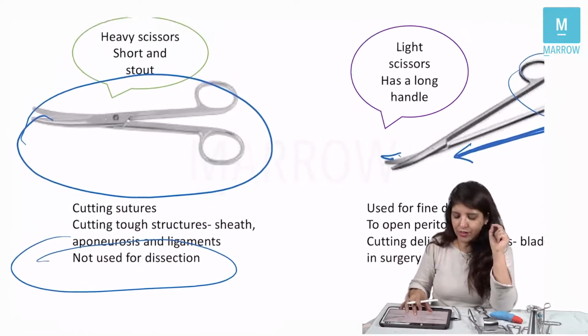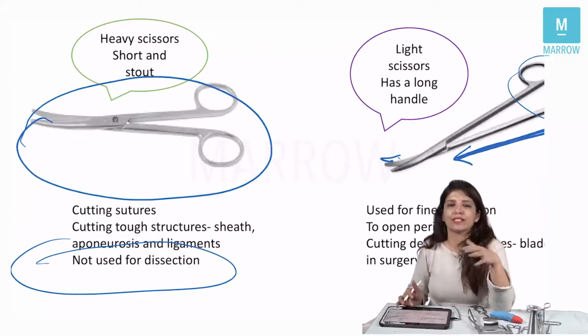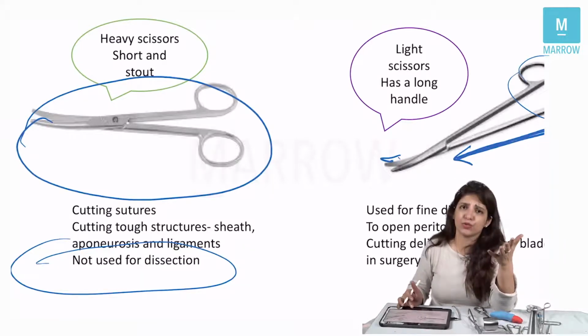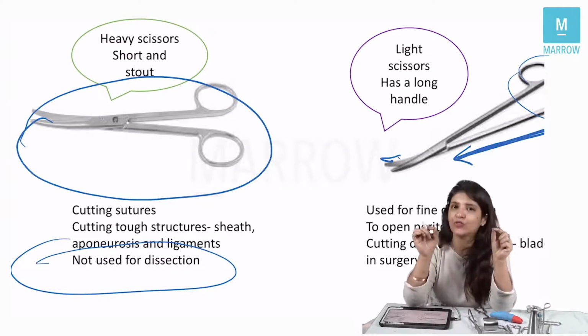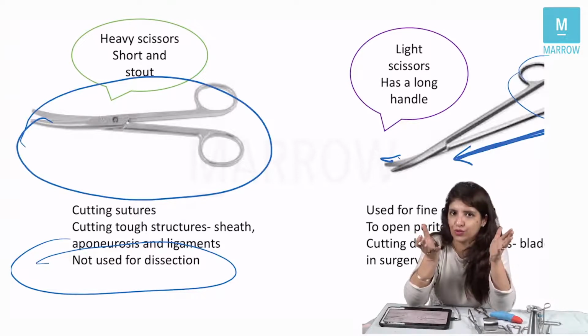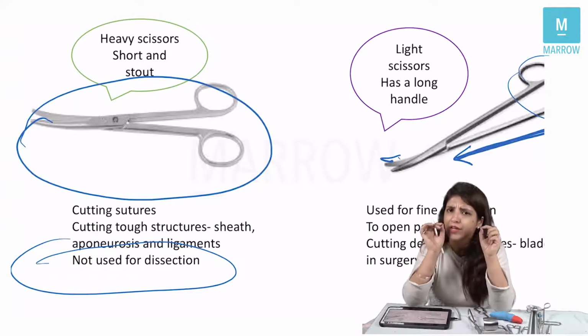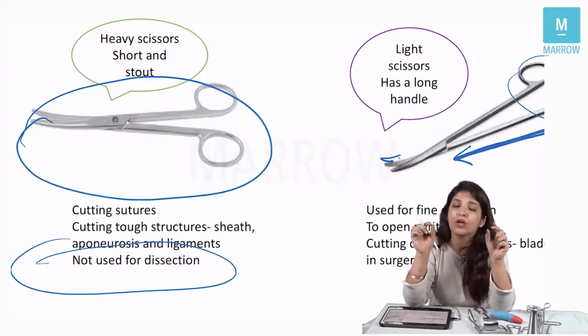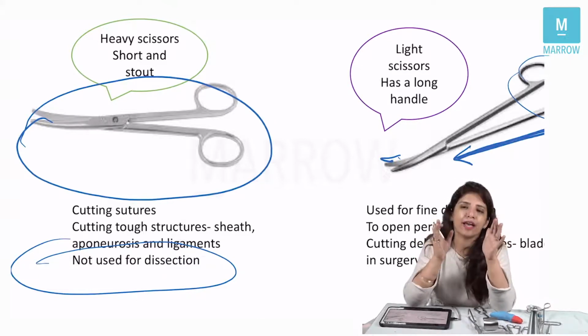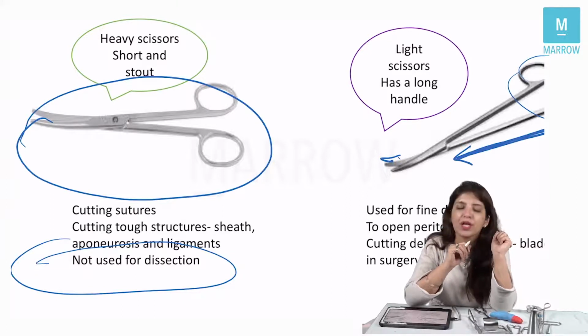A Mayo scissor can be a straight scissor also, it can be a curved scissor also. But a Metzenbaum scissor and a Mayo scissor, basically you can identify on the basis of the length of the scissors and the heaviness of the scissors. Metzenbaum scissor is a very light and a long scissor, whereas Mayo scissor is a heavy and a stout scissor.